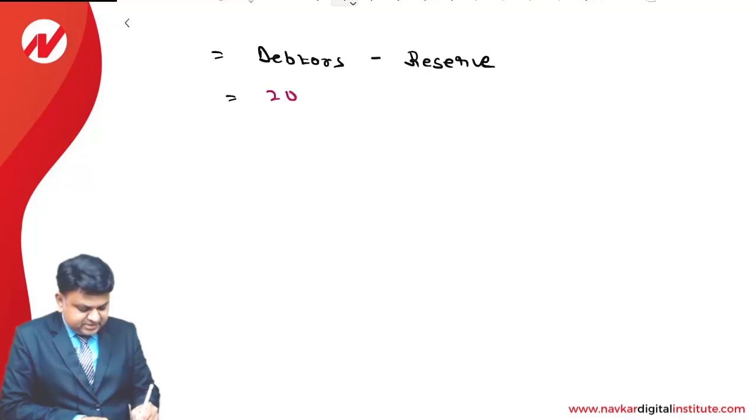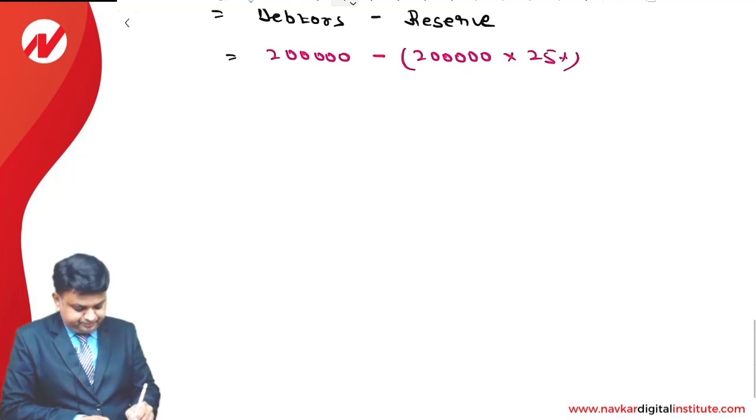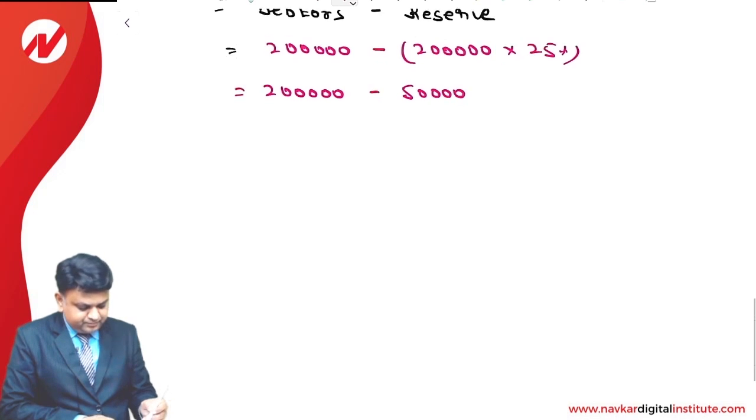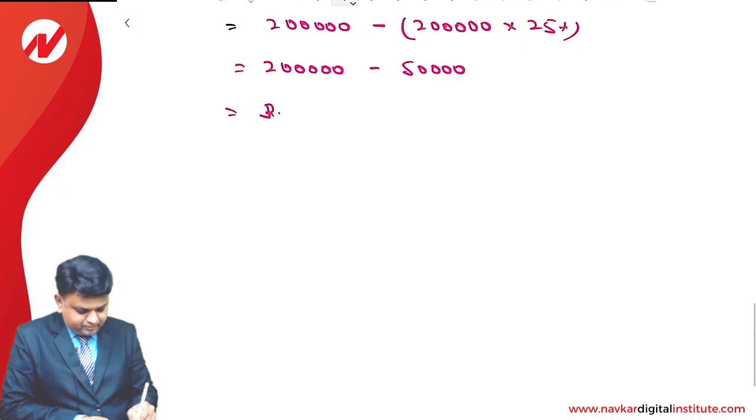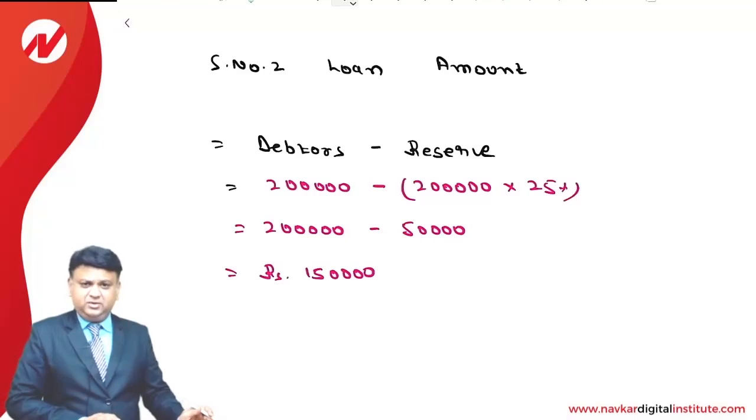So 2 lakh rupees minus 2 lakhs into 25%. That comes to 50,000. So 2 lakhs minus 50,000, and it will be an amount of 1,50,000. That is the way the loan amount will be calculated.